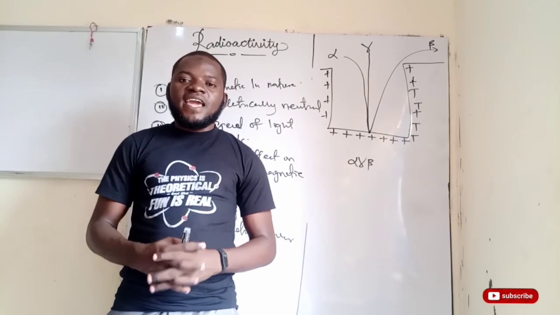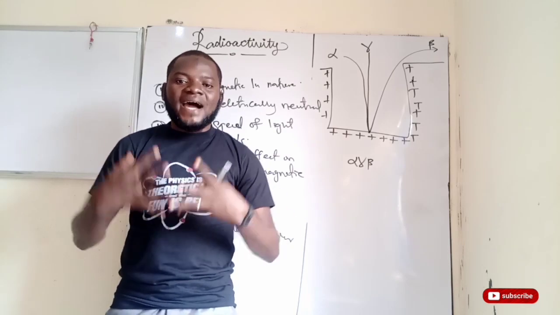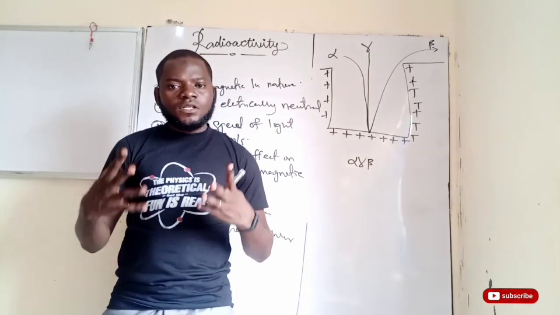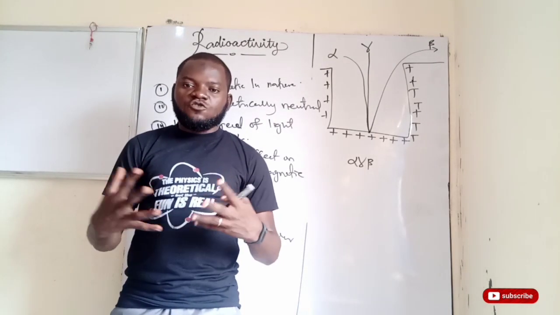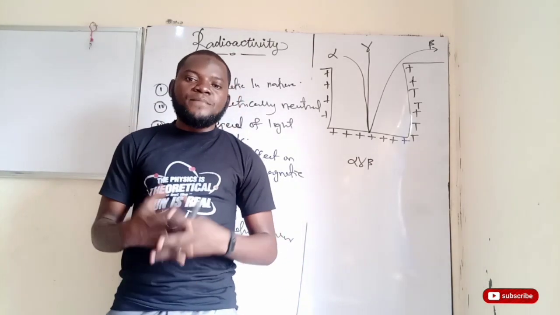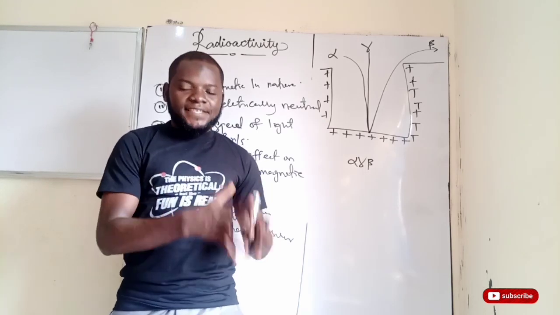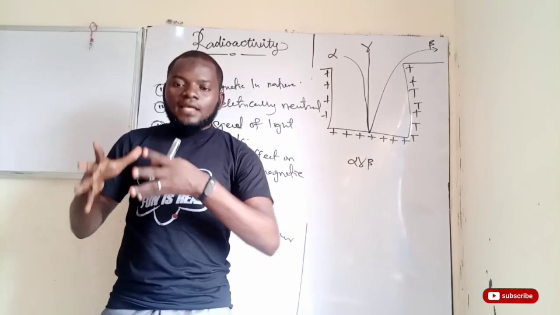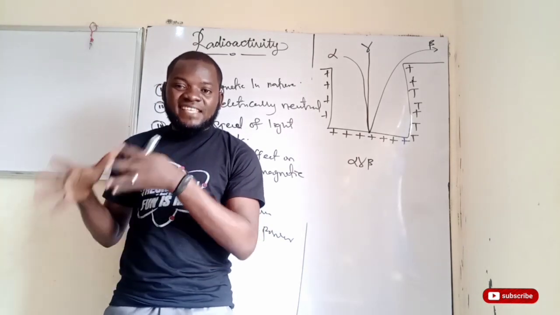Okay, if that should be the case, let's quickly talk about what? The mass defect and the binding energy. Although I'm not going to look at calculation on it for now, as we move on this topic, we'll talk about that fully. But let me just quickly make mention of it. When you talk about the mass defect, we have an isotope and we have an element that we know the mass and its atomic number.